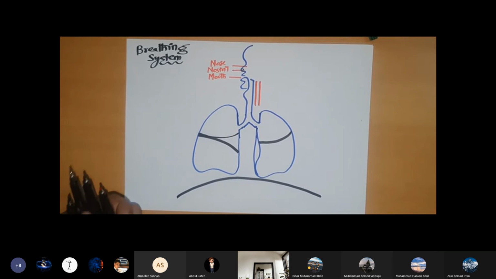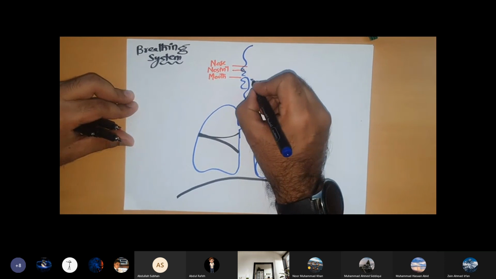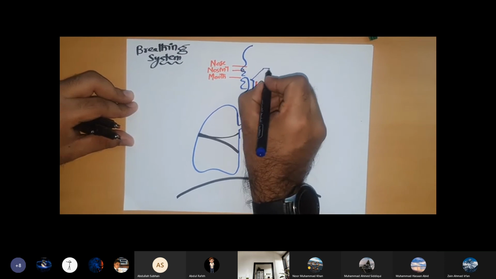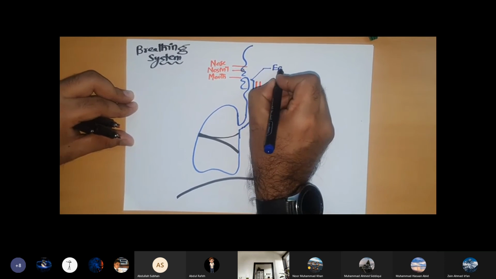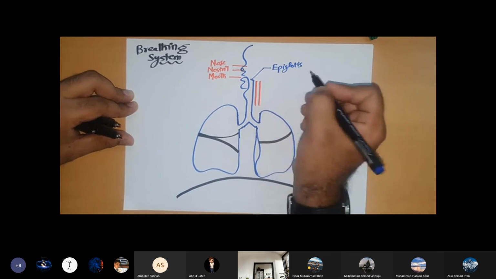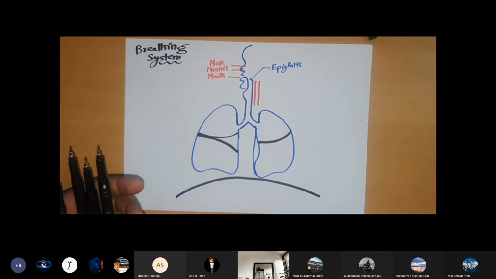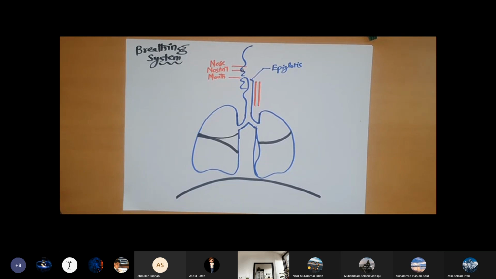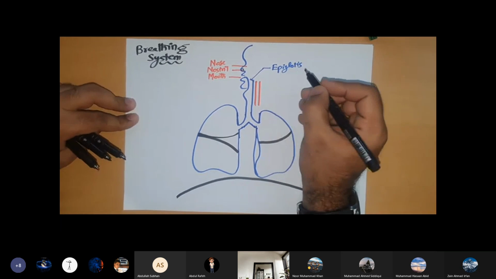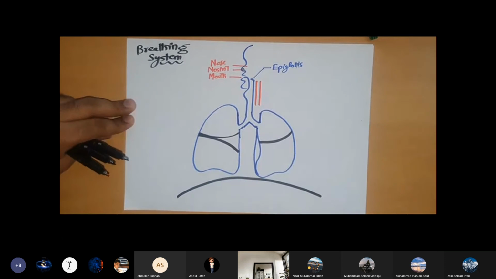Now this structure over here is called the epiglottis. This epiglottis helps in preventing food particles or water or any liquid which we are drinking from going into our breathing system or into our trachea.